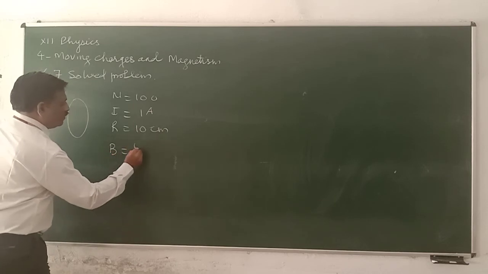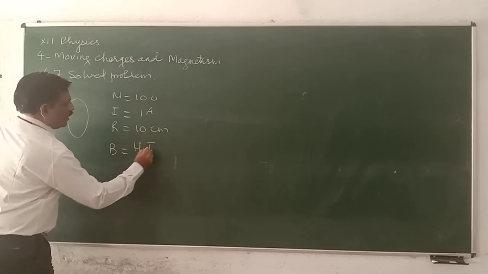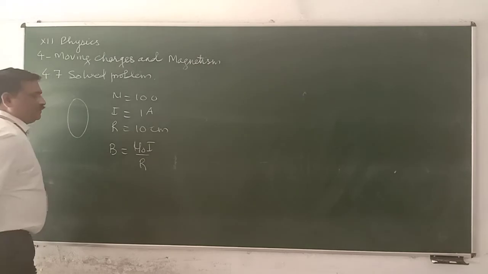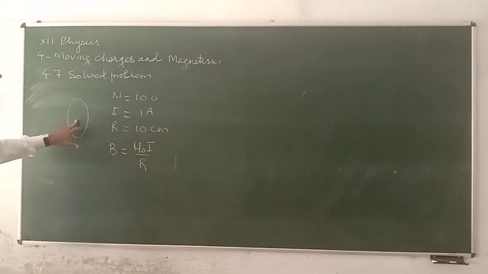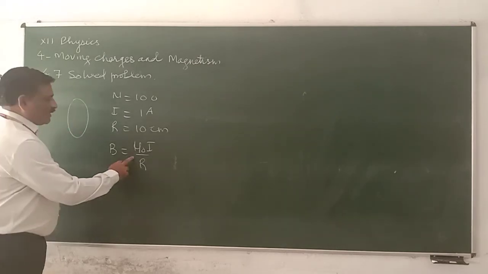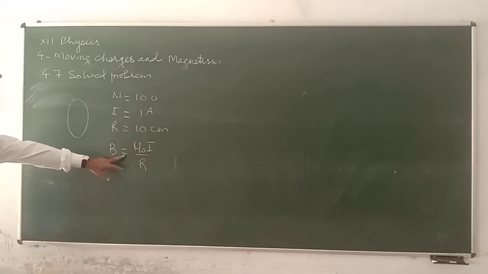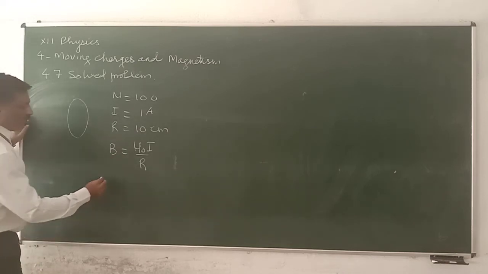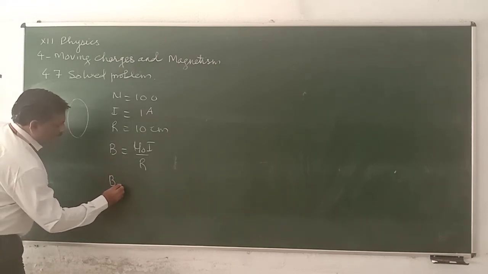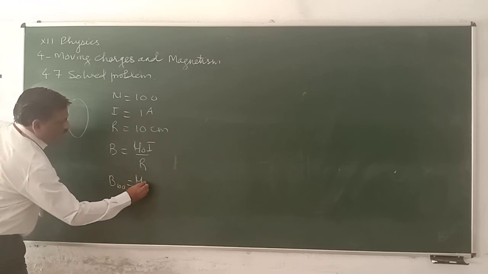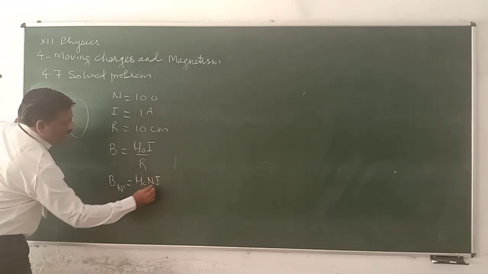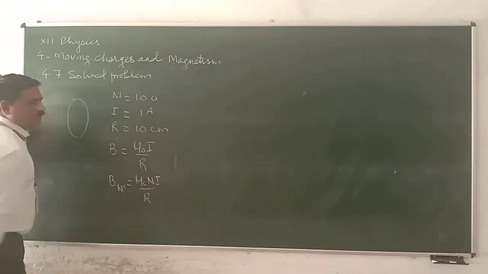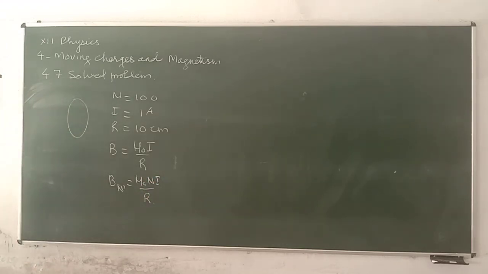B is equal to mu 0 I divided by R. But this is for a single turn. For N number of turns, B will become mu 0 N I divided by R. Now N is equal to 100.